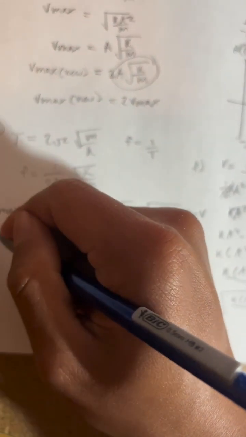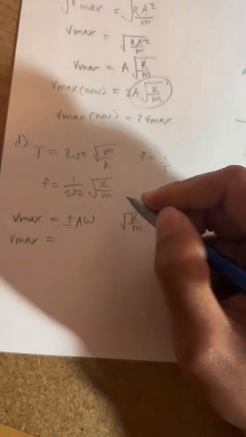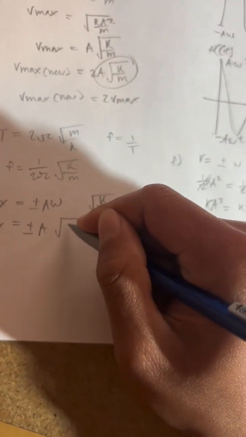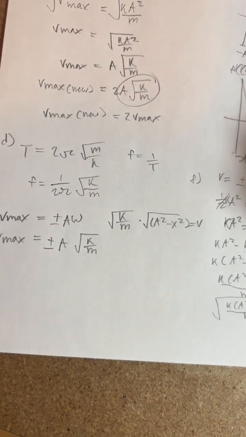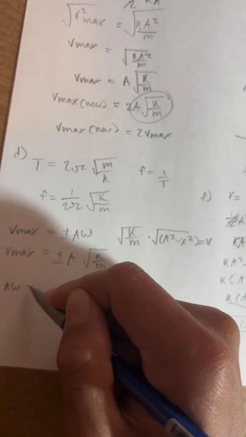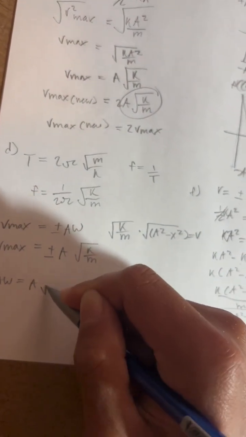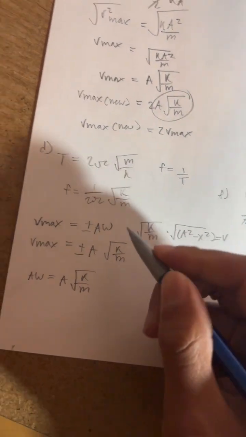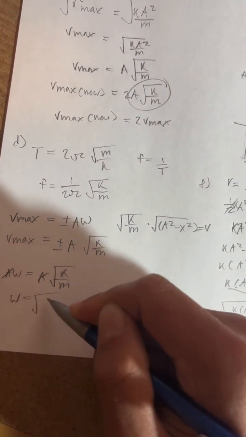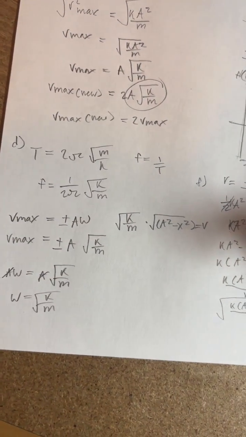And then v max, as we derived earlier, is also just positive or negative a root k over m right here. So if we set these equal to each other, like so, we can cancel out the a's. So omega is really just root k over m.